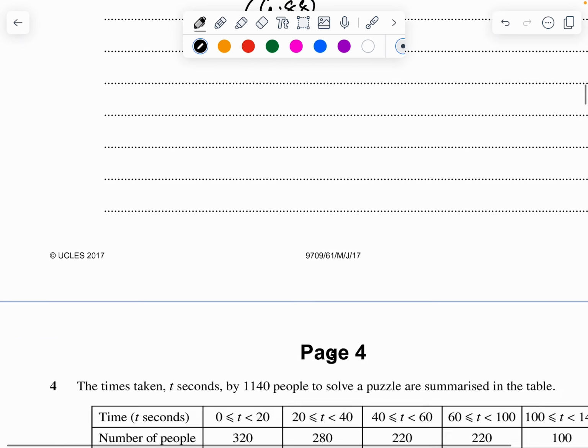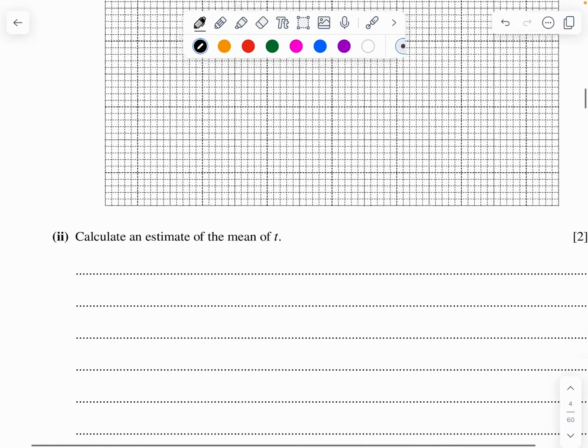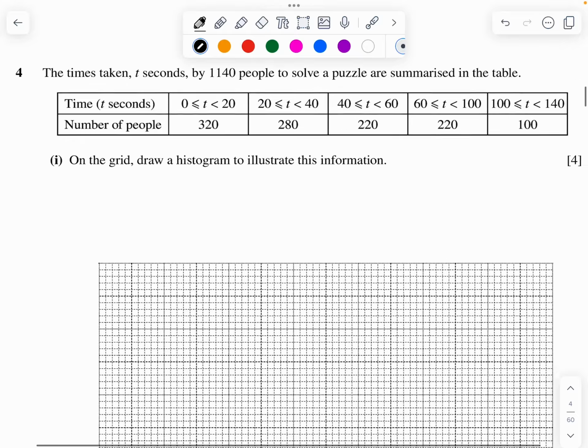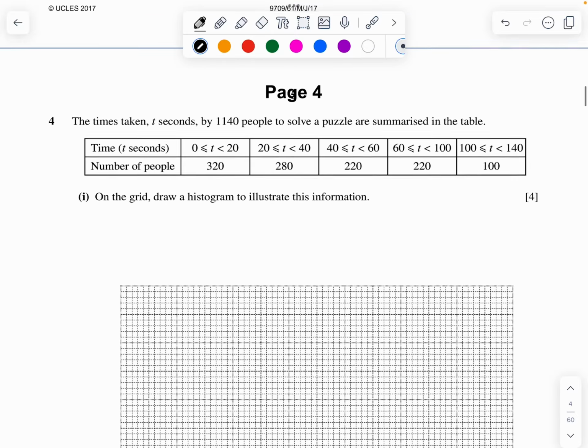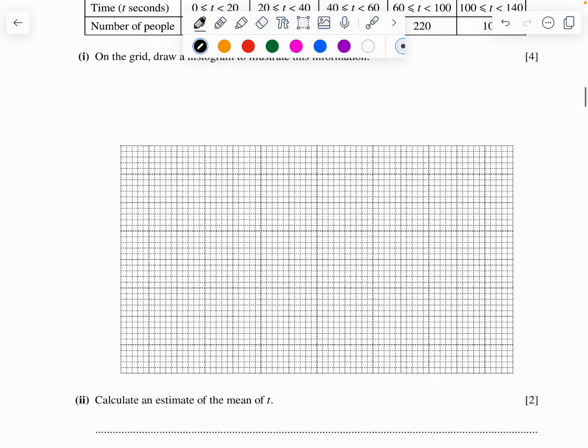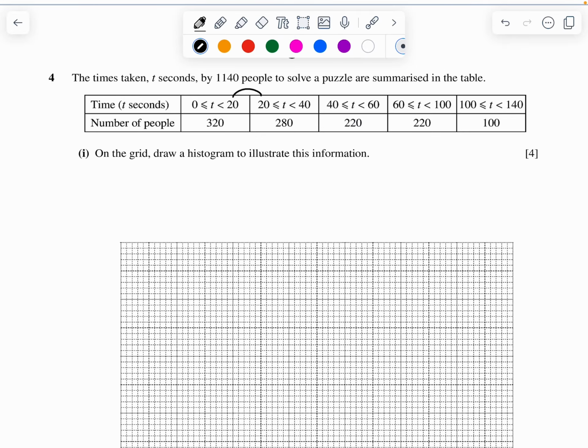Now coming to the next question, again May-June 2017, paper 61. The times taken t seconds for 1140 students to solve the puzzle are given in the grid. Draw the histogram. This is already continuous: 20, 20, 40, 40. If it were not continuous, we would need to make it continuous.